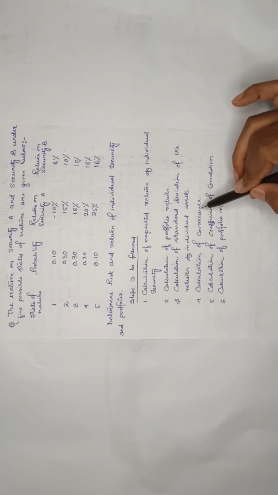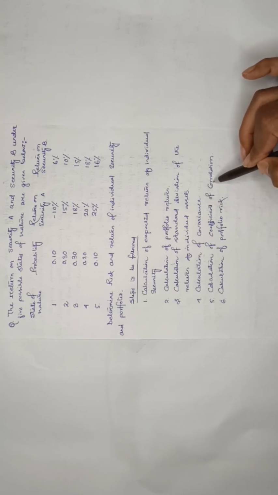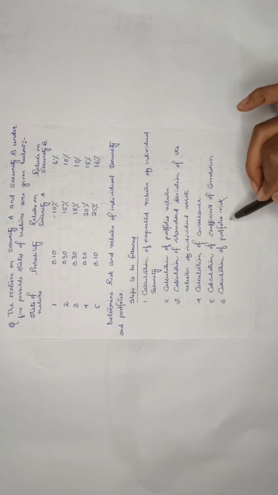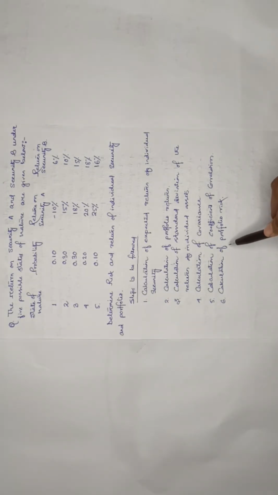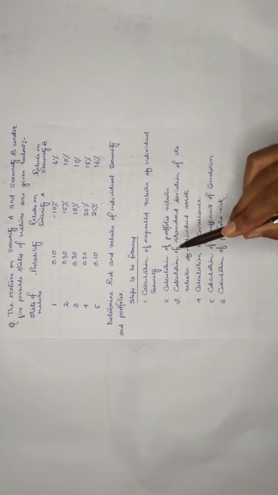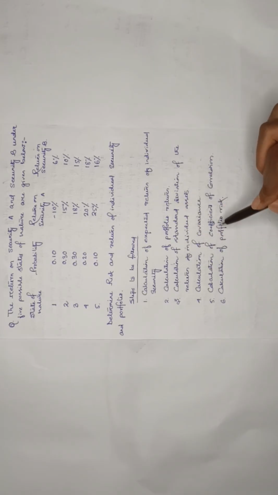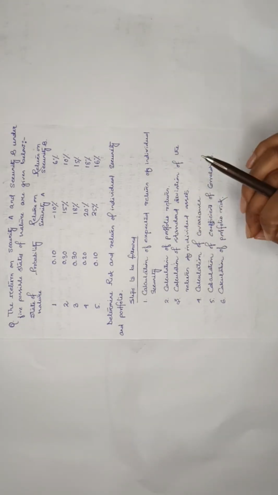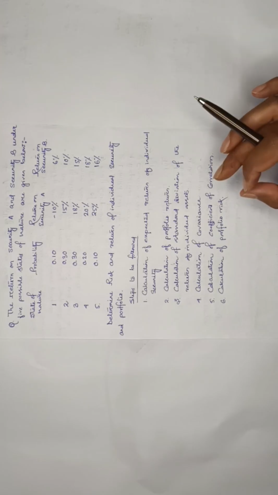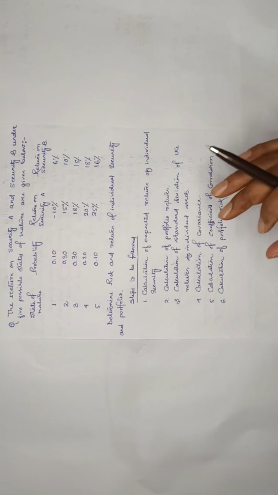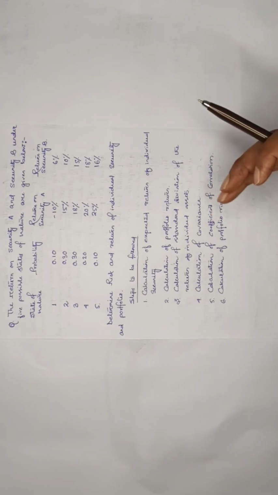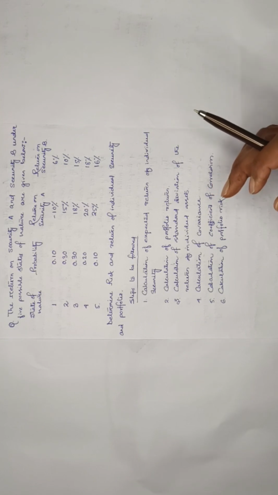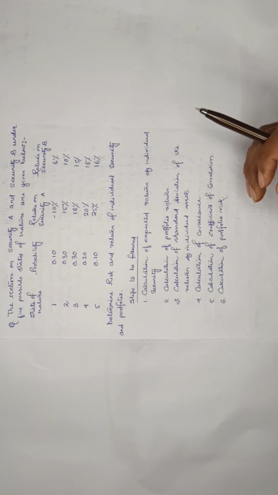Once the covariance is done, you will calculate the coefficient of correlation, and lastly you will calculate the portfolio risk. These are the simple steps you will follow to calculate the risk and return of individual security. Clear? Let me start with the solution, so you can refer to this video for better understanding.